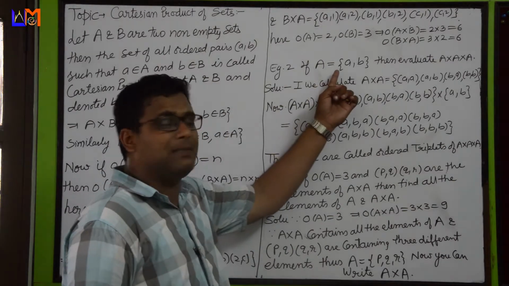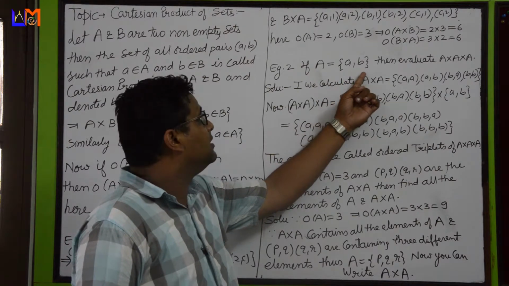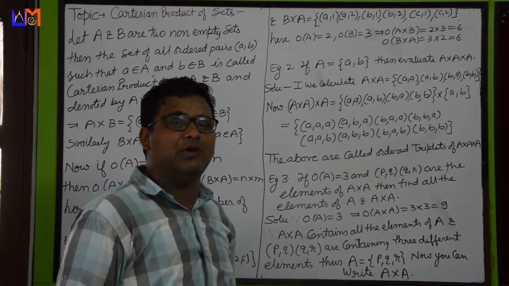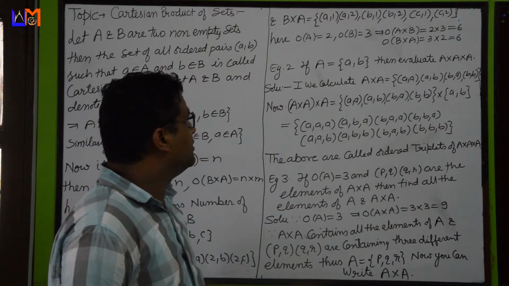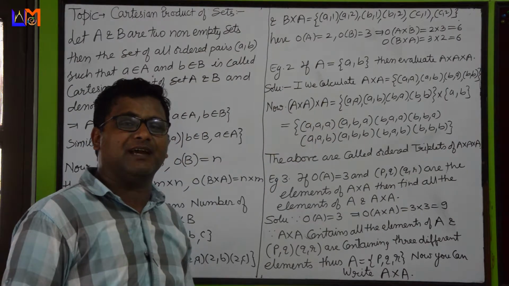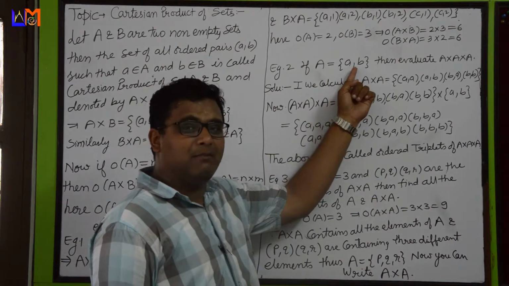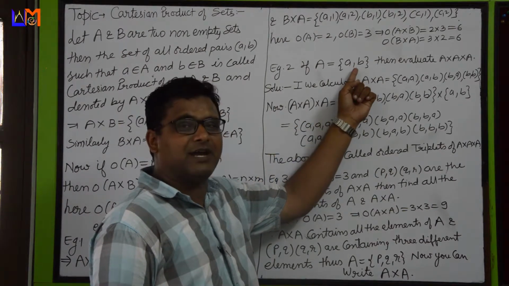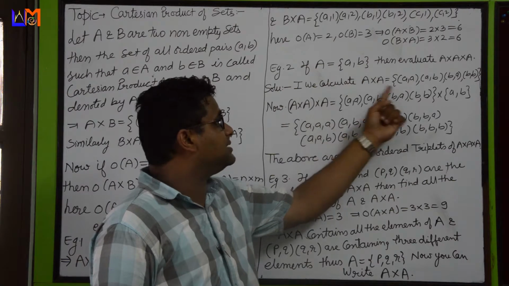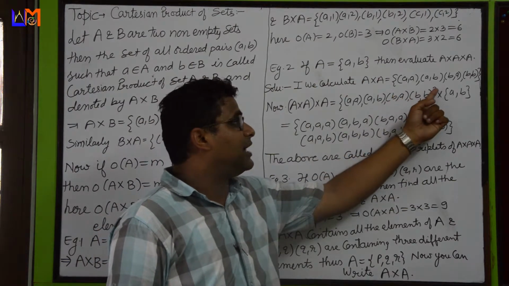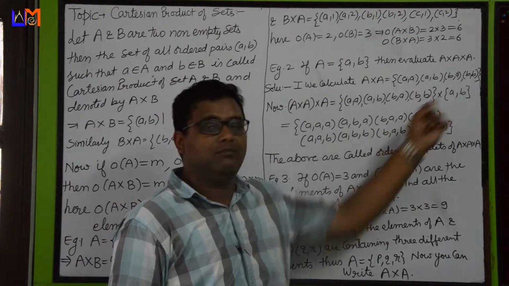We have an example: set A containing two elements a, b, and we need to evaluate A cross A cross A. For this, first we calculate A cross A. By our previous method, A cross A will be the product of {a, b} with {a, b}. That is (a,a), (a,b), (b,a), (b,b).